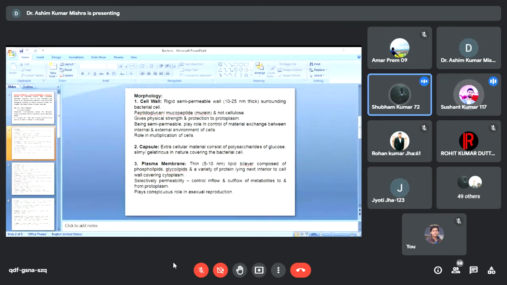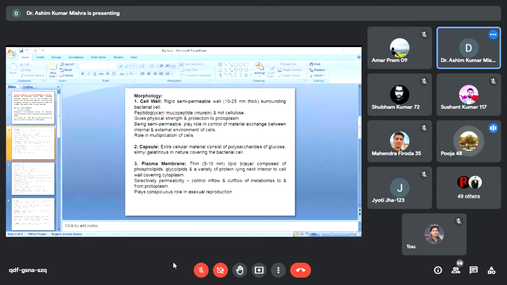And pectin is present in algae, you'll get it in the algal cell wall, and in case of plants, in fruits, pectin.